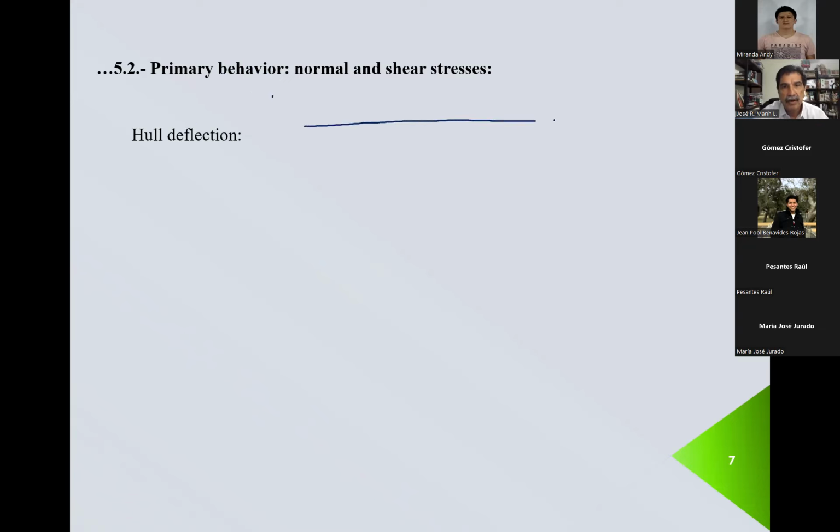So we have the hull, like this one here, something like that. And let's suppose that this is the bending moment. But we have already calculated this. For example, let's suppose that I have 0 here, and something like this.